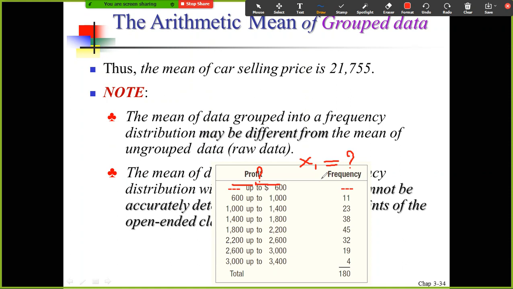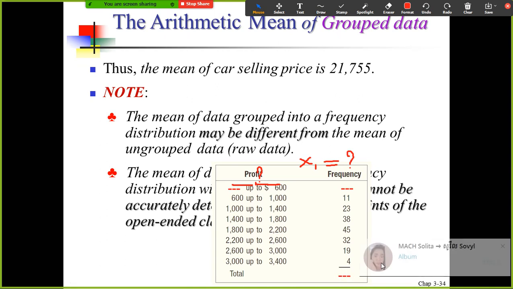That's why you cannot find the mean for sure, for an accurate result. You also may not be able to find the first class frequency, and if you cannot find it, the total frequency also cannot be found.